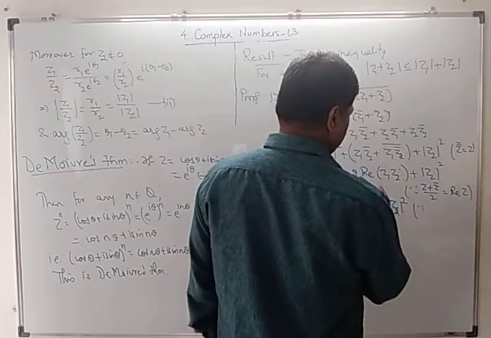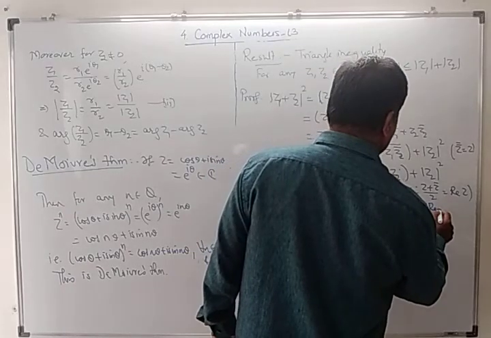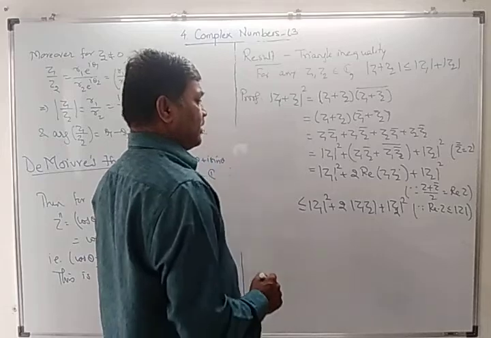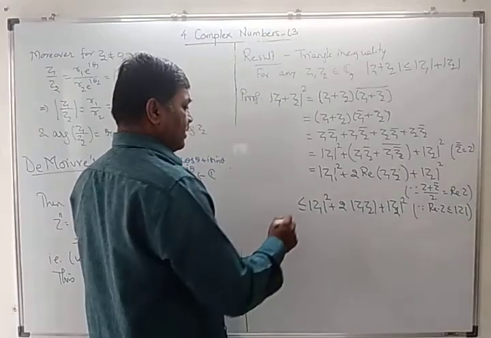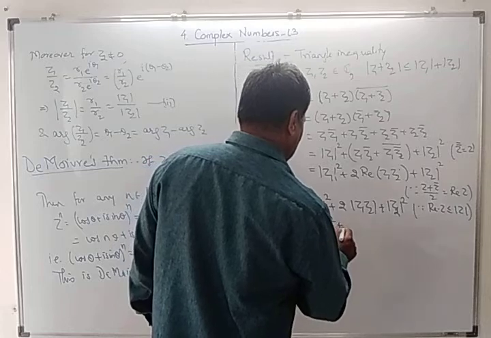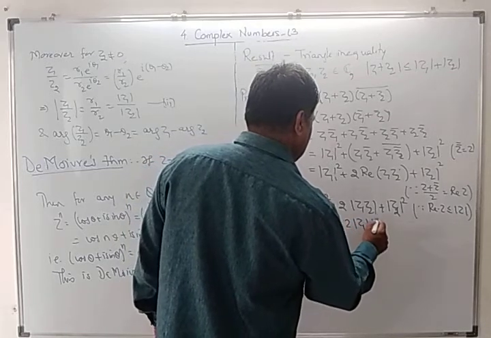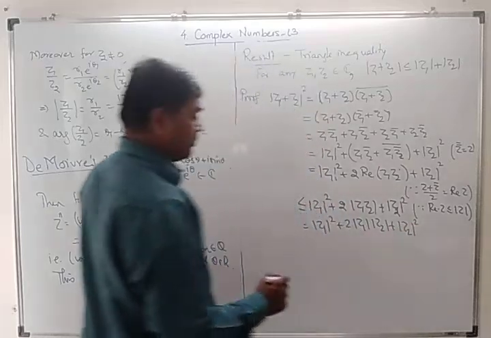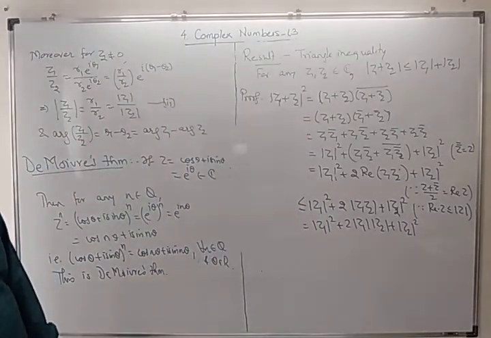Since the real part of Z is less than or equal to mod Z, by using this we are getting this property. And then this is equal to mod Z1 square plus 2 times mod Z1 into mod Z2 plus modulus of Z2 square, right?